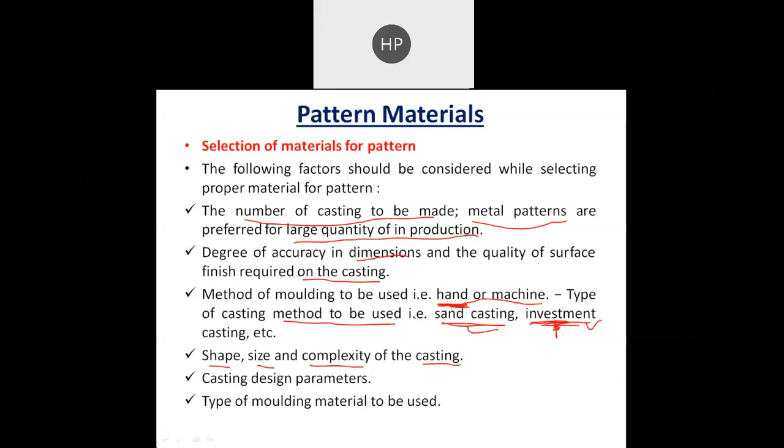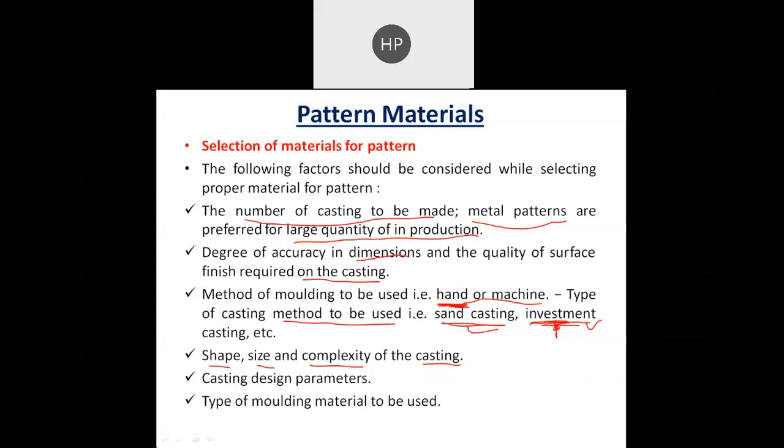Sometimes the size is very big, and if we make the pattern from metal, it will become very bulky. So it depends upon the shape, the size, and the complexity of the final product.